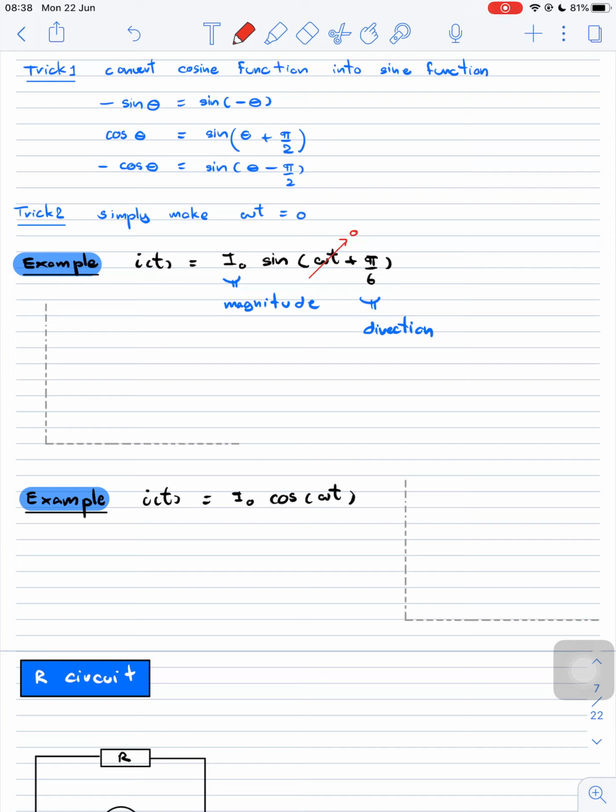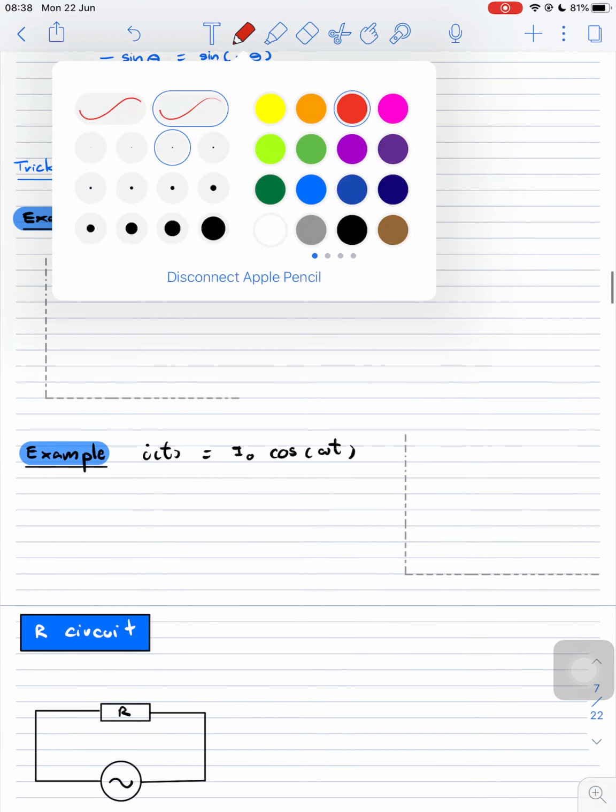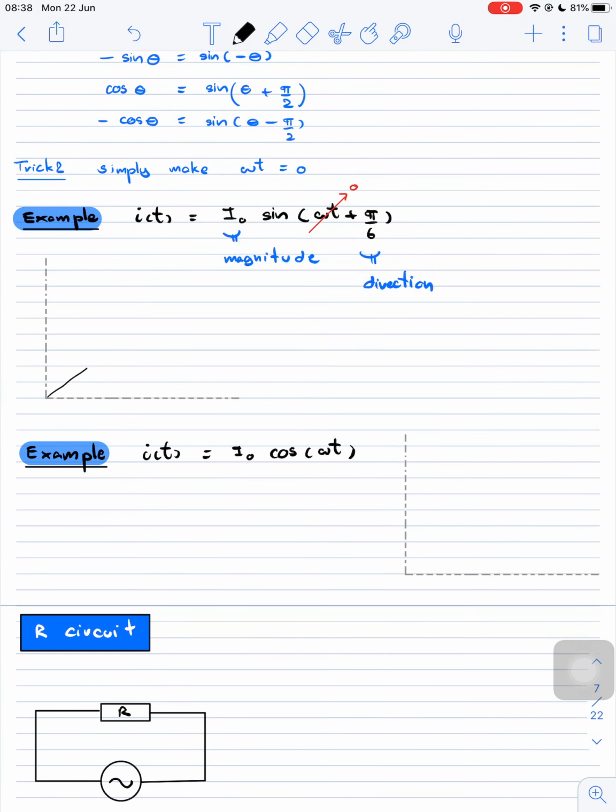Okay, for simplicity, just make it equal to 0, and it means that we have the pi over 6 to be the direction of the vector. So in this case, we can just write out the vector as this one. Okay, so if we have this direction to be pi over 6, and then the length of this vector is going to be equal to the I naught. Okay, simple.